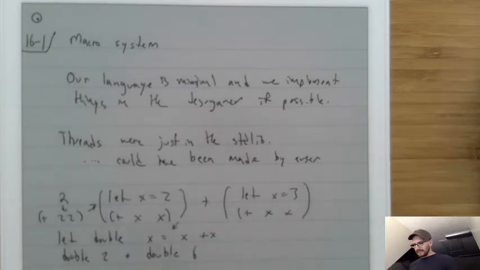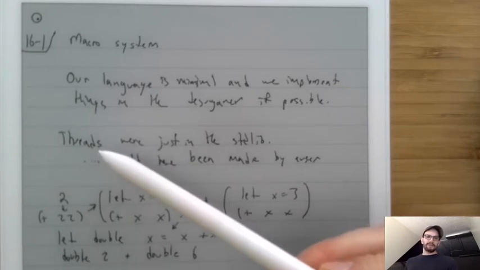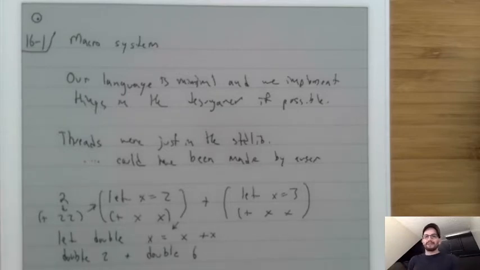And what this means is that I don't need to call up the author of my language and say, please implement the double function so I can have that. I have the ability to add whatever functions I want. Taking that same perspective, it's great that our language supports people implementing threads in user code, because that means if we didn't include it in the standard library, they could implement it themselves.